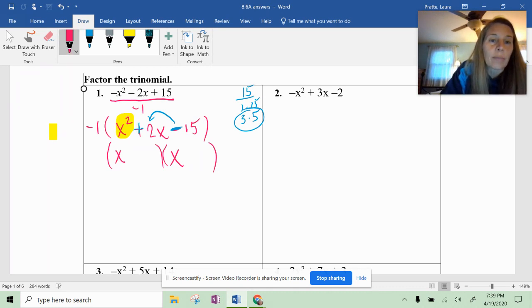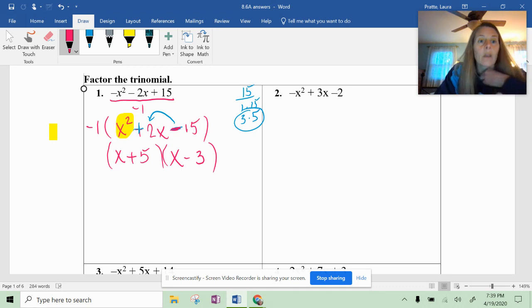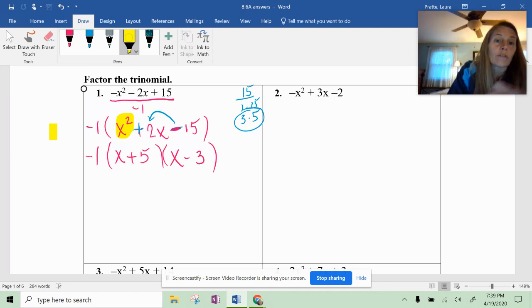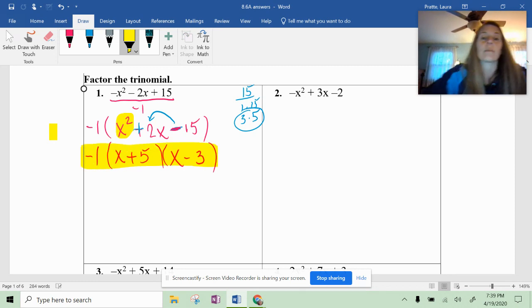So this is going to be a plus 5 and then a minus 3, because this means the signs are different because we're subtracting. That -1 or any other GCF that you divide out has to just go out in the front. So this is your final answer: the -1 times the x plus 5 times the x minus 3.